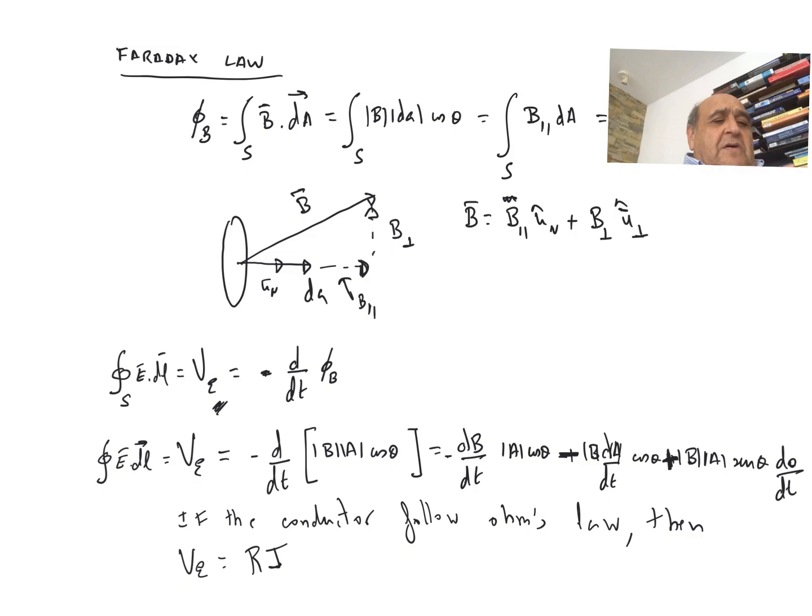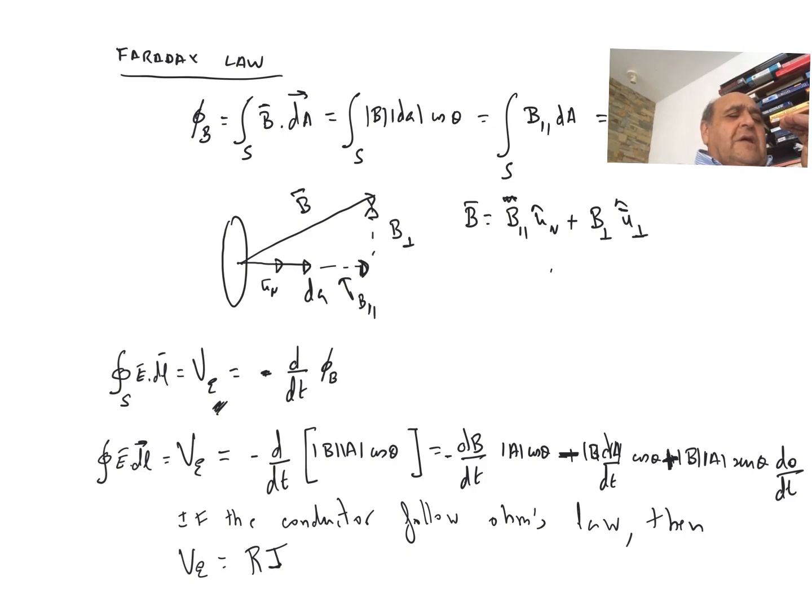This minus sign is saying that the electromotive force will oppose the change in the flux. If the flux is increasing, the induced electromotive force will try to create a current in the opposite direction, so you oppose not the flux, but the variation of the flux.